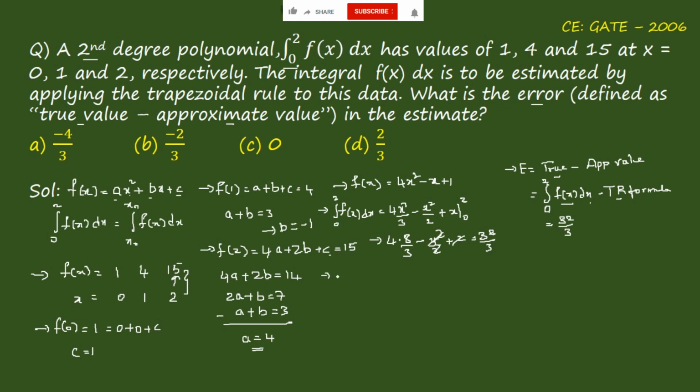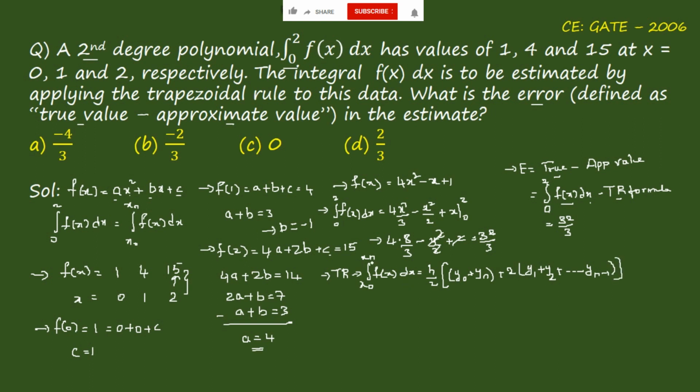Now using the trapezoidal rule, the formula that we know is integration from x naught to x of n f of x dx is equal to h by 2 into y naught plus y of n plus 2 times of y1 plus y2 plus so on to yn minus 1, right?